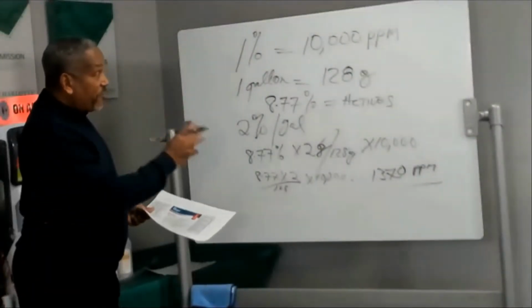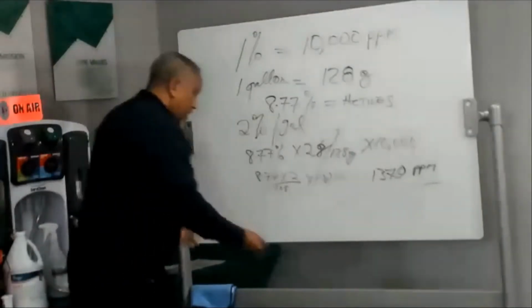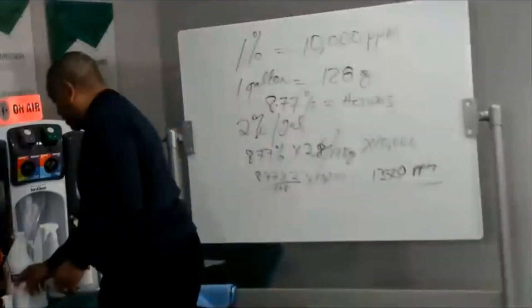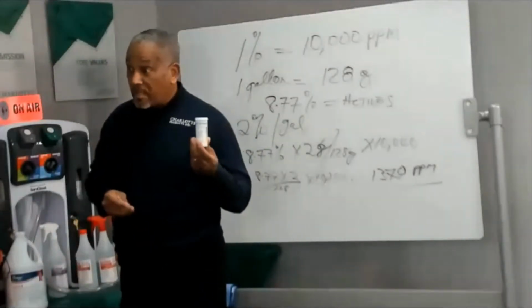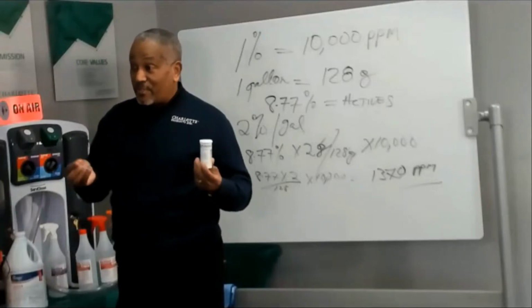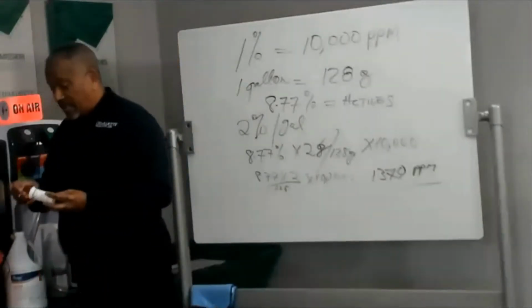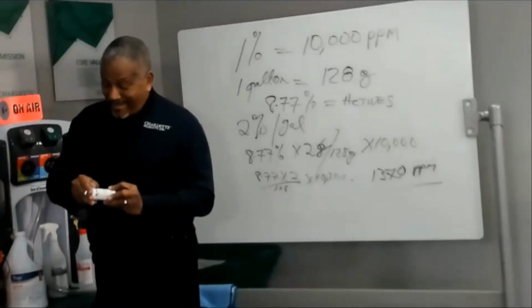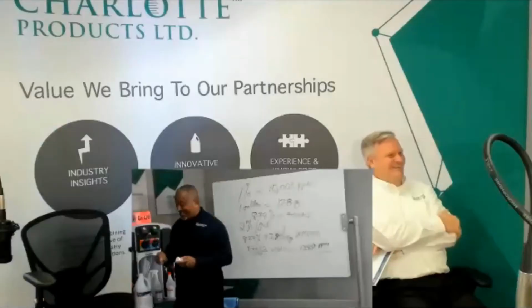To confirm that, what we'll have to do is look at our quat concentration identification tags. So, you made up some solution here, and I'll see how accurate you're working. You're putting me on the spot here now. Let's see how accurate you are.